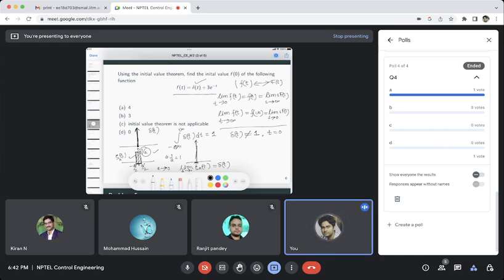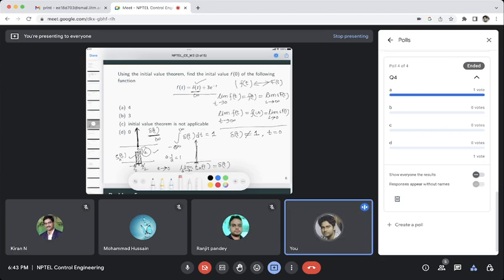You can assume it to be like infinity there, for a very small duration at 0. So this function at 0 does not have a limit, because it is infinity.